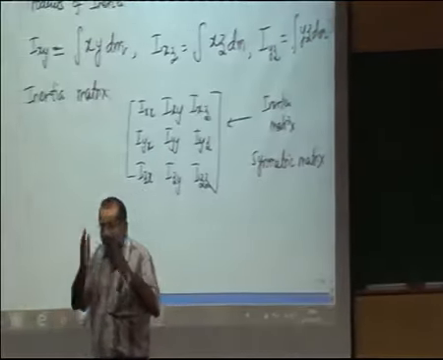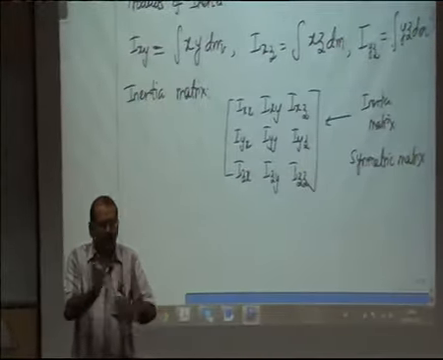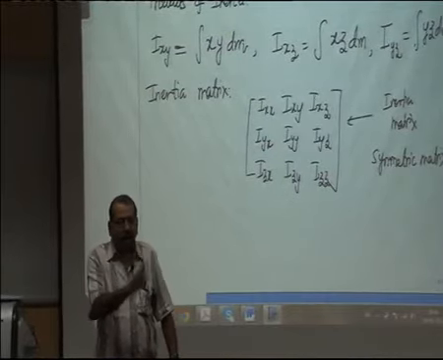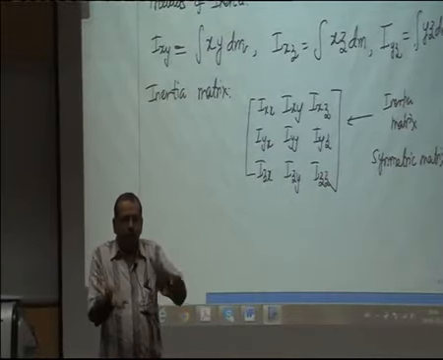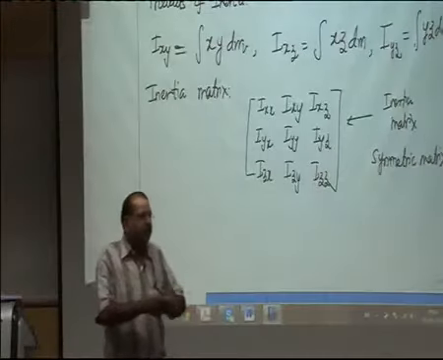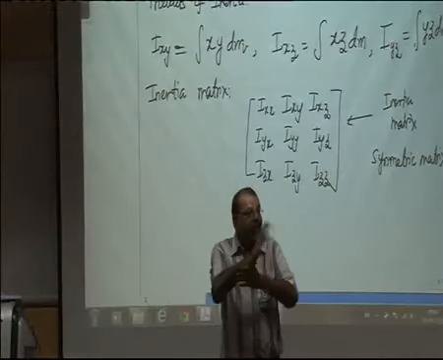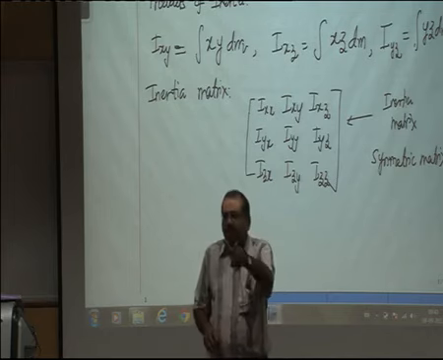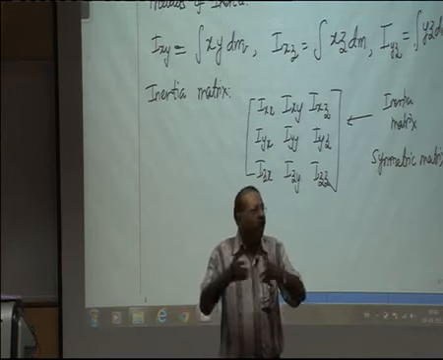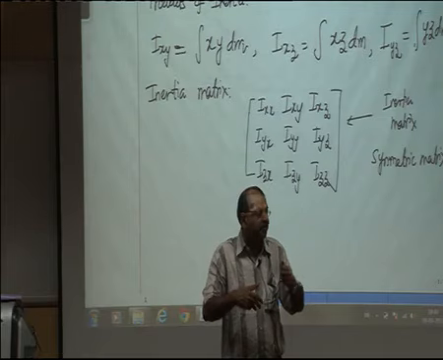When you have a quantity and you rotate it, that means if its components are x, y, z, and you rotate about the original axis, you have new axes x prime, y prime, z prime.